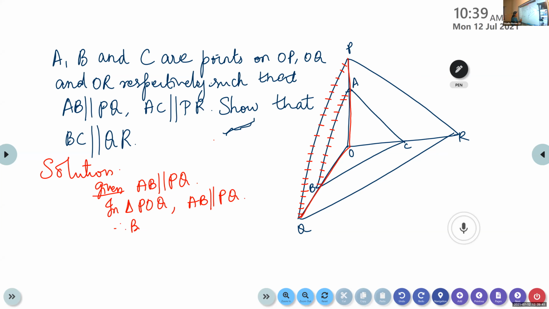Therefore, by BPT, what will you get? Nirupama, tell me. By BPT, what will you get? We have fixed the triangle. AB is parallel to PQ. What is the condition you will get?